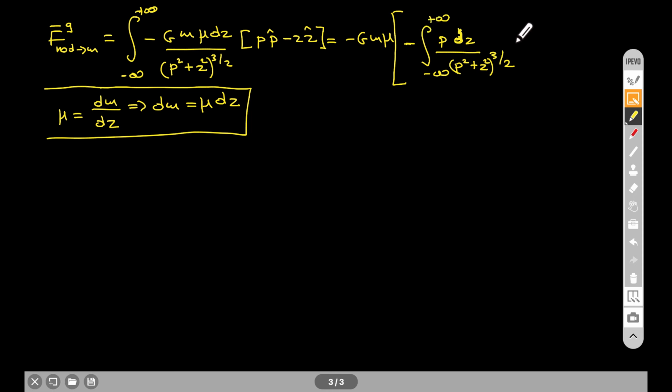Now this is going to be multiplied with rho hat, and then I have, why do I have the minus sign?